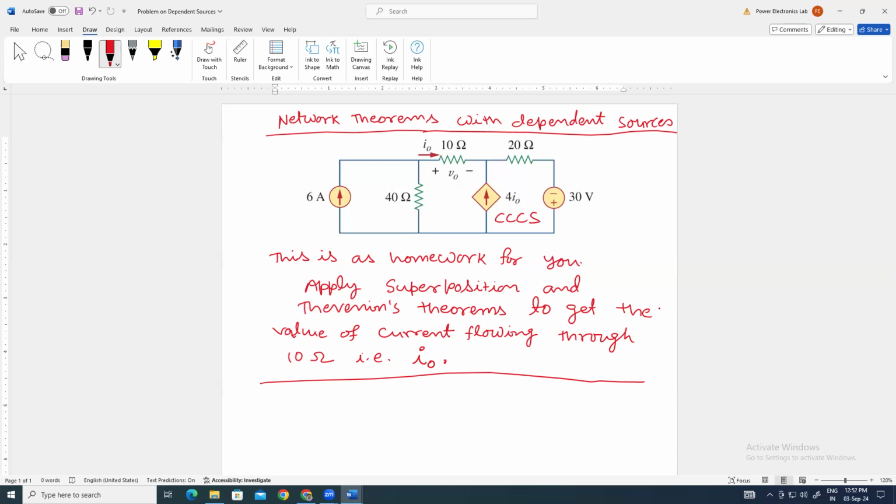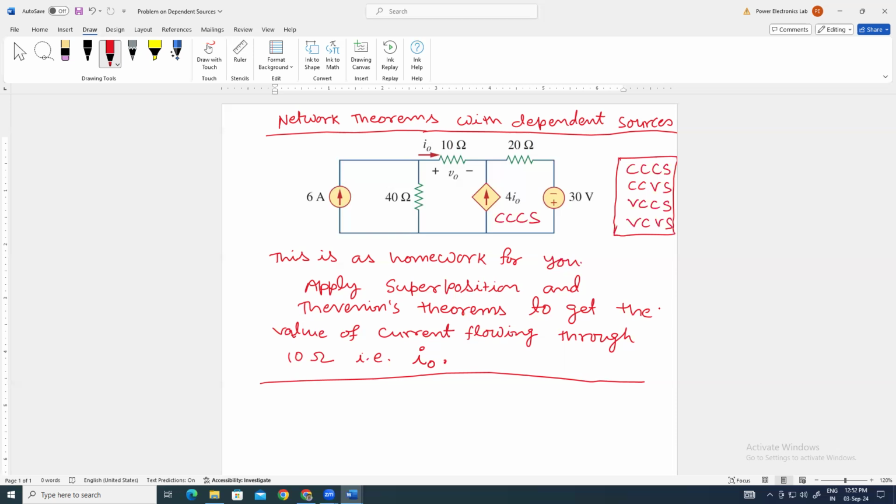We have current controlled current source, current controlled voltage source, voltage controlled current source, voltage controlled voltage source. So we have these 4 types of dependent sources. We already covered this part, and we already know their nature. They are generally represented using a diamond shape.